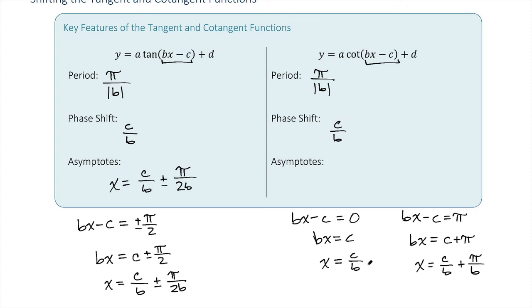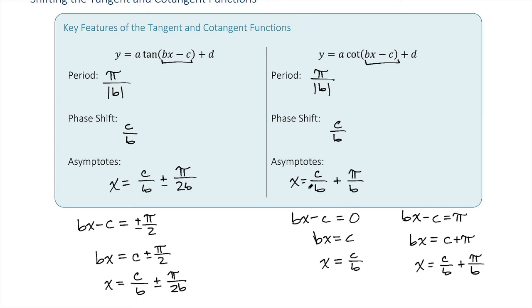And so here we can see that it also depends on that phase shift. The phase shift gives you one asymptote, and then you get another one if you just add the period. So our asymptotes are x equals c over b, and then you can add any multiple of the period, pi over b.